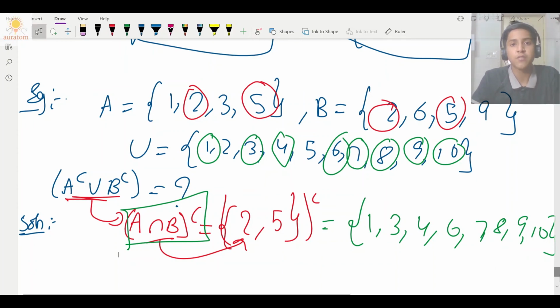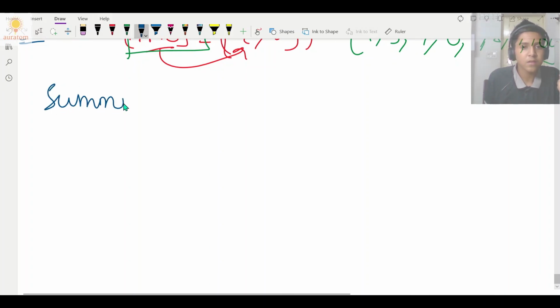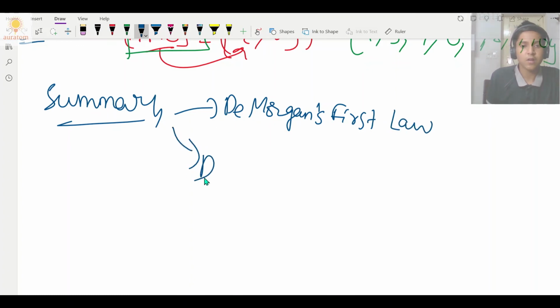Let's do a summary of what we have learned today. What we have learned is De Morgan's set laws, right? De Morgan's first law and De Morgan's second law.